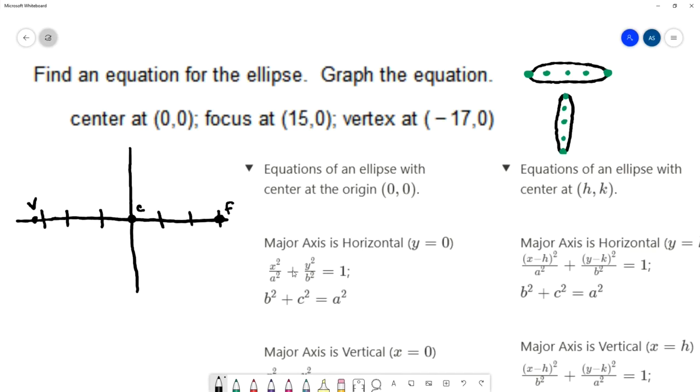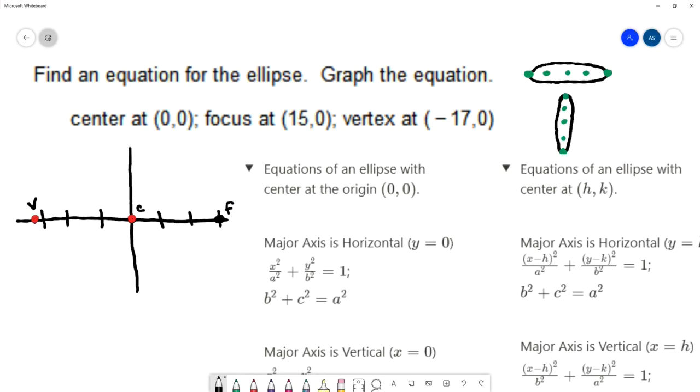And if we want to write what the equation is, we have to know what A and B are. Now, in our picture of an ellipse, A is going to represent the distance between the center and the vertex. So remember, we had the center at 0, 0 and a vertex at -17, 0.